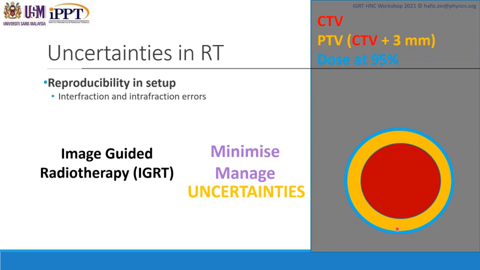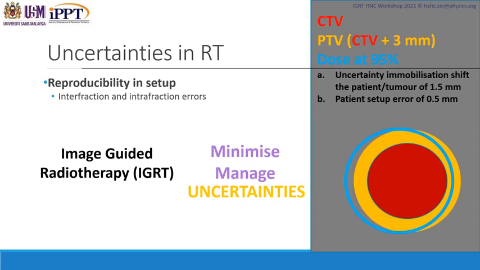For example, in this illustration, we're going to deliver dose prescribed at 95% to the PTV volume. When there is a shift in the PTV, for example, due to immobilization shift of the patient or the motion of the tumor itself of 1.5 mm, as well as patient setup error of 0.5 mm, this caused a total of 2 mm shift of the PTV.